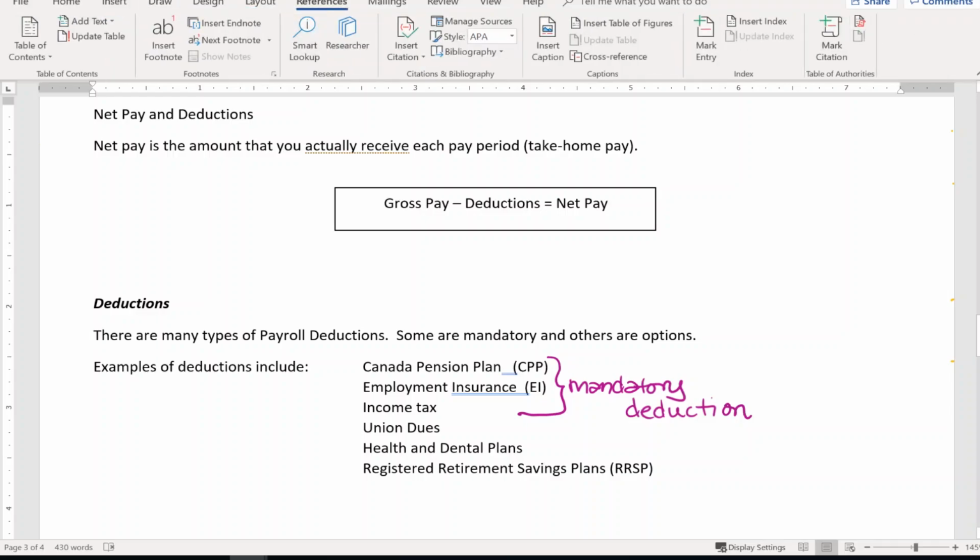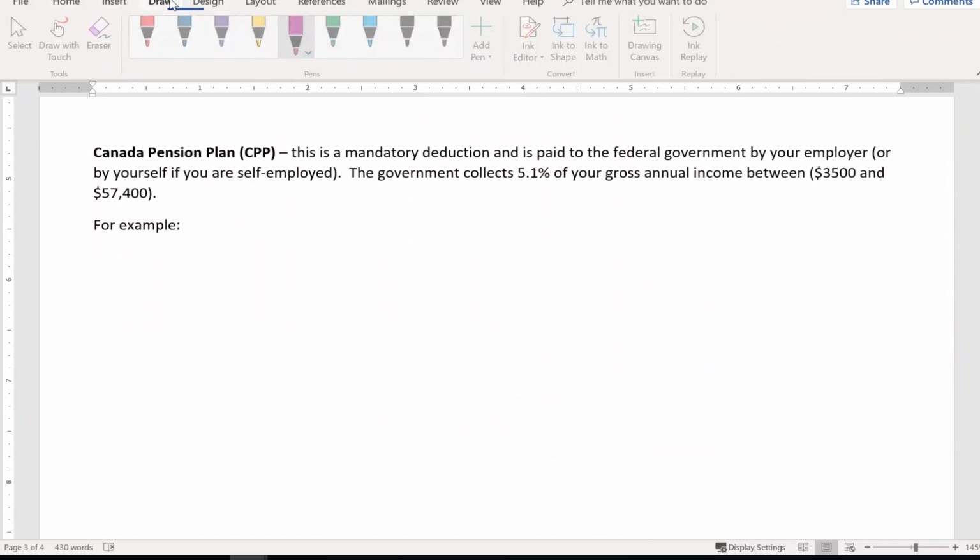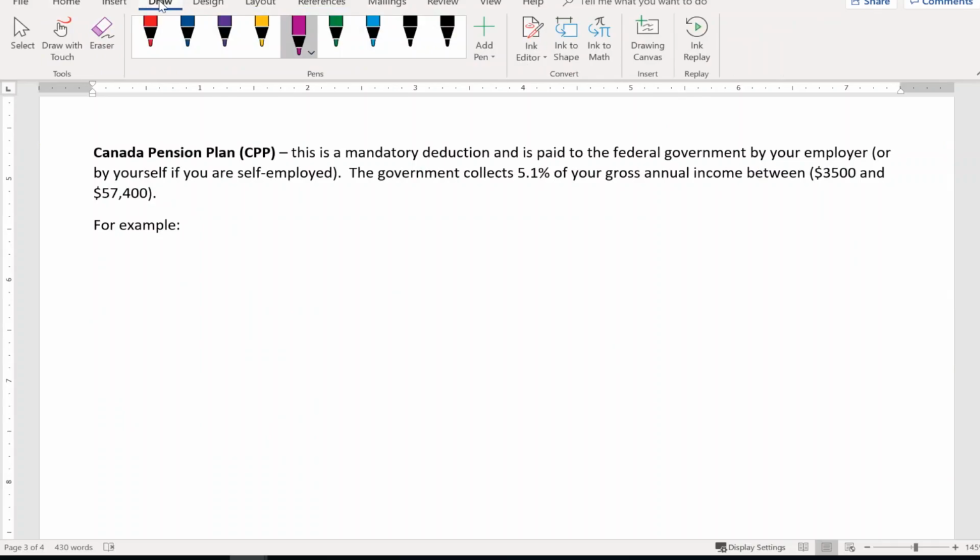So, for example, the Canada Pension Plan. Again, this is a mandatory deduction, and it's paid to the federal government by your employer or by yourself if you're self-employed. The government collects 5.1% of your gross annual income between $3,500 and $57,400.